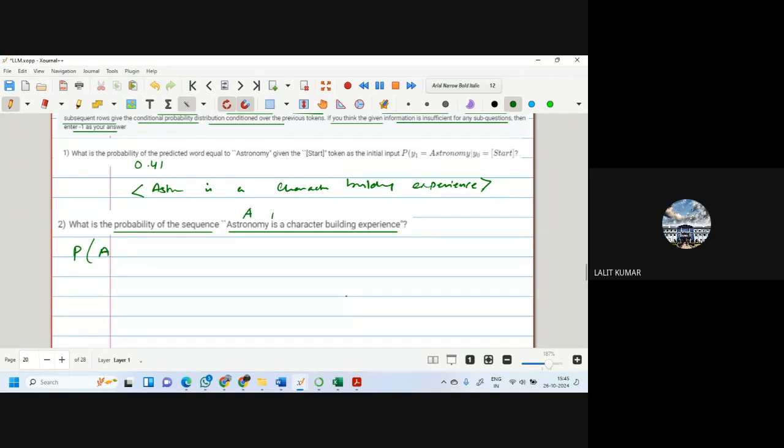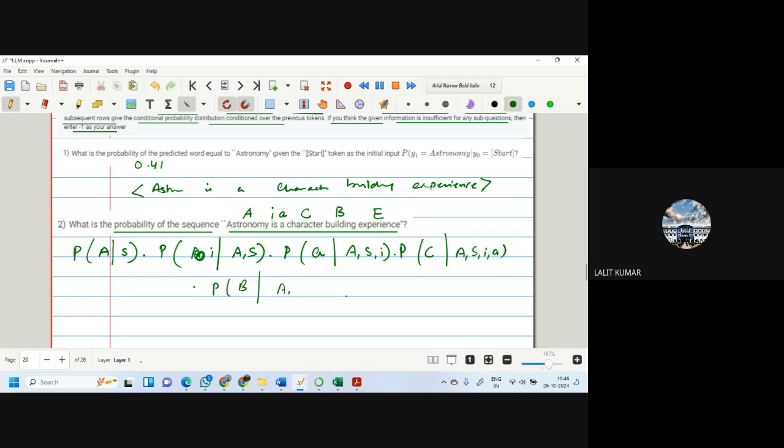I say this is A, this is small I, this is small a, this is big C, B, E. So this will be P of A divided upon start, into P of I over A and start, into P of A, A, S, and I, into P of C, A, S, I, A, into P of B upon A, S, I, A, C, into P of experience upon A, S, I, A, B, upon P of and upon all this A, S, I, A, B, E. Is this understood? Okay, this part by everyone? Yes.